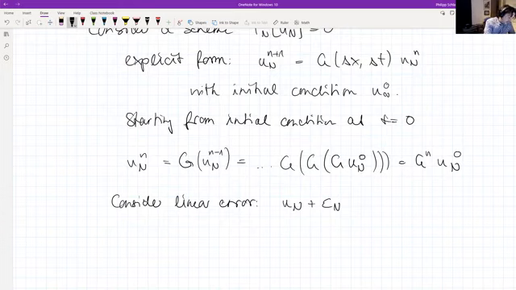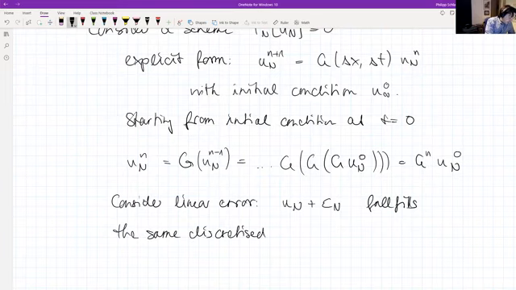this just means that the error fulfills the same discretized equation. So consider a linear error of this form, and this fulfills the same discretized equation. That means essentially that Pn of epsilon n is also equal to 0.